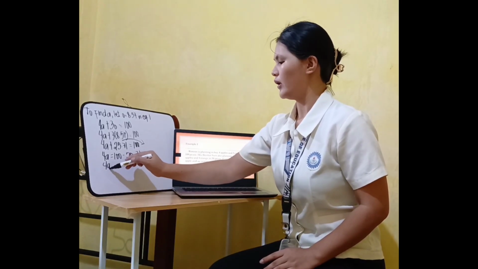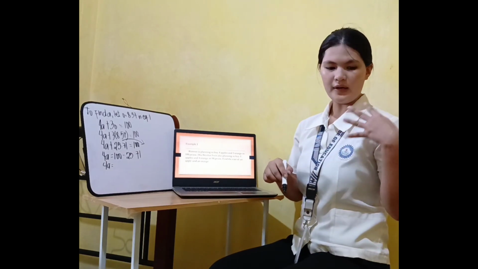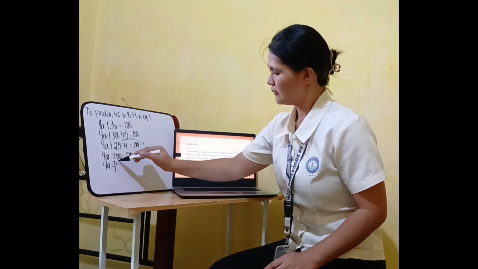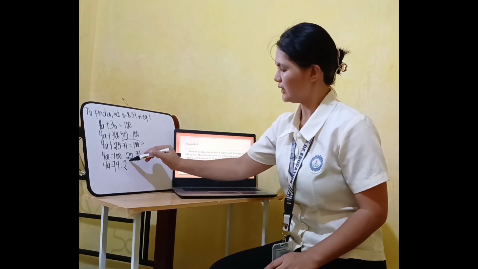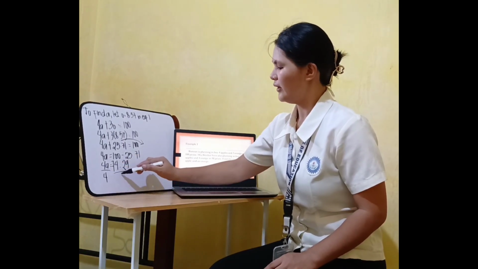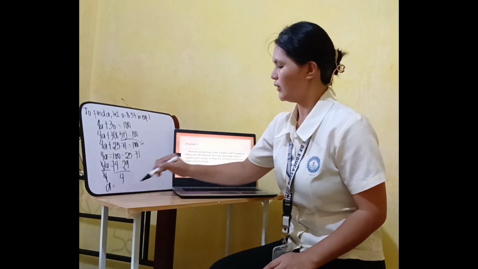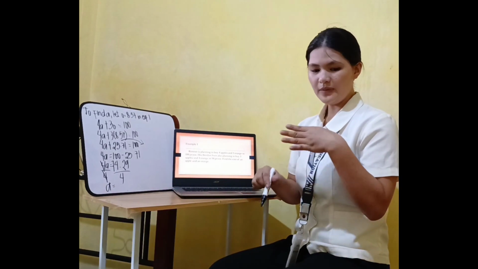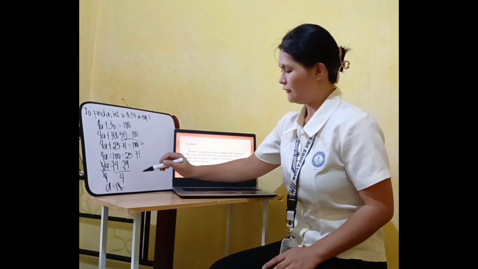So, copy the 4a. 100 minus 25.71 is equal to 74.29. So, divide both side by 4. Cancel out yung 4. So, a is equal to 74.29 divided by 4 is equal to 18.57.